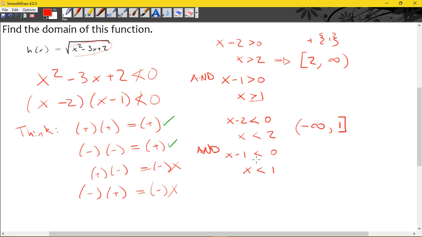So I think that gives me my interval. My interval is negative infinity to 1, unioned with 2 to infinity. It just can't be in here where it's something like 1.5. Then this would be negative and this would be positive, and that's no good.